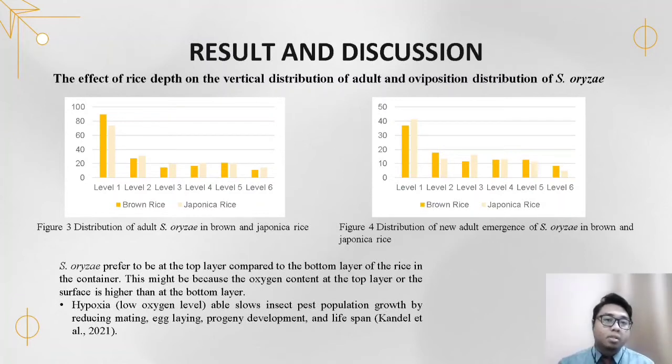Might be because the oxygen level at the top is higher than at the bottom level of the container. So SRIZ also might try to prevent hypoxia or low oxygen level. They're able to slow the insect pest population growth by reducing mating, egg laying, progeny development, and lifespan of the species.